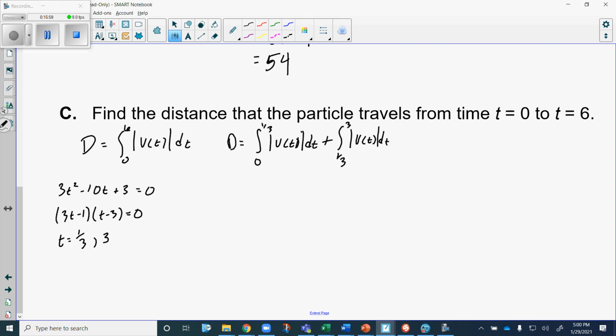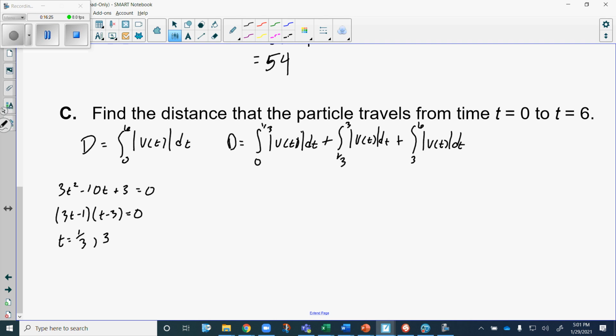And then it's going to change again from 3 to 6, the integral from 3 to 6 of the absolute value of v of t dt. And we've got to figure out each one of these things here.